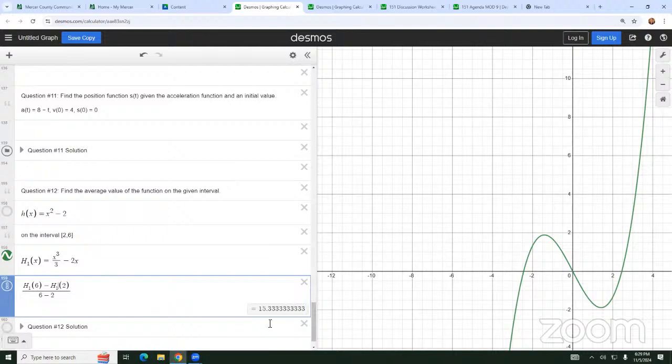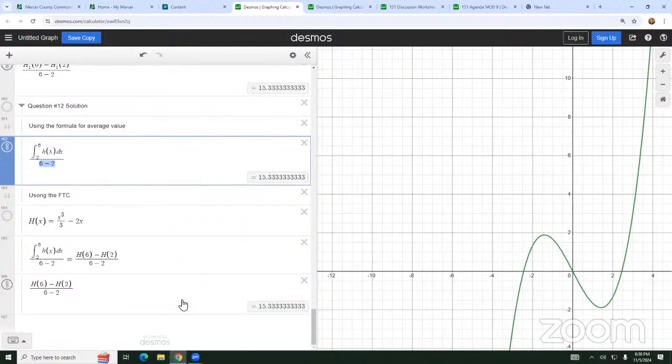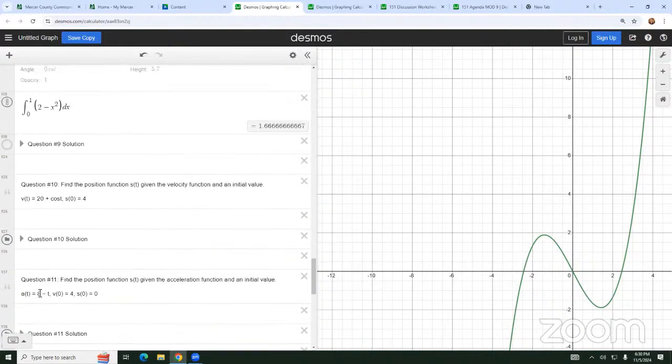Okay, so there's the answer, 15.333. Or you could find the area and then divide it by 6 minus 2, and you'll still get 15.333.